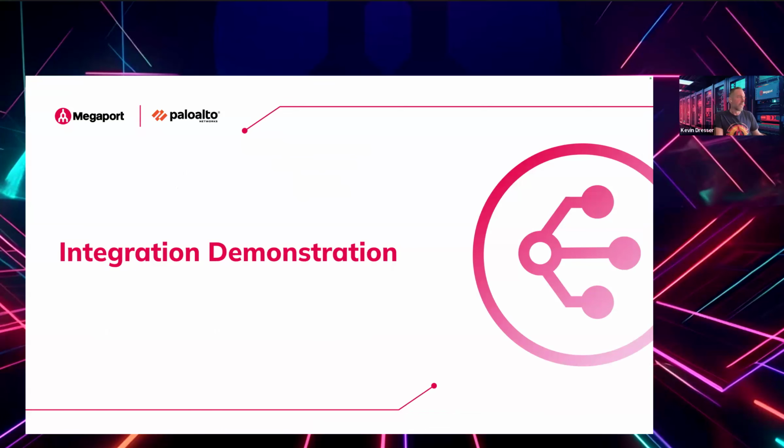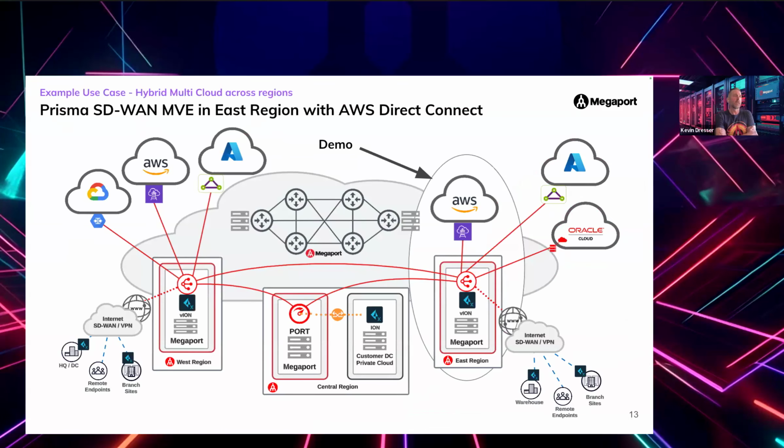Great, thanks, Ketan. So I've got a topology diagram on here, and we're going to start getting into some of the technical weeds. This is an example of how a customer could potentially build a multi-region topology, not just with the virtual SD-WAN appliances, but I'm also showing in the middle a physical infrastructure, where most customers still have some physical presence, private cloud infrastructure, whether it's in a colo facility or in an on-prem data center.